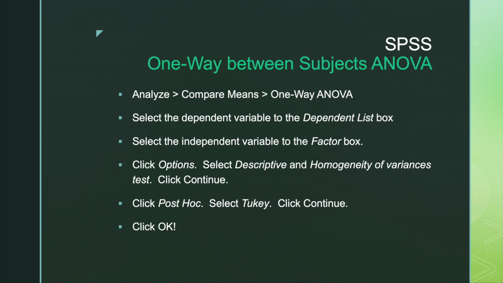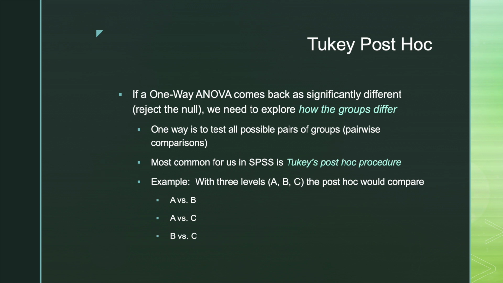Here we have all the steps for running a one-way ANOVA in SPSS. So we would go to Analyze, Compare Means, select the one-way ANOVA, put the dependent variable into the dependent list, the independent into the factor box, and then we have to go through a lot of options to make sure that we're getting everything out of this test that we want. One of the new things about the ANOVA that was different than we had to do with the t-test is that there are follow-up tests that we have to perform.